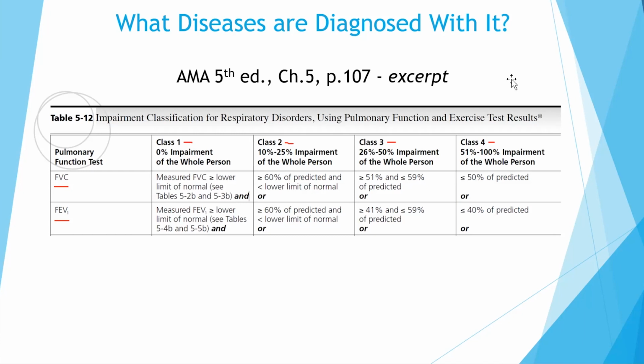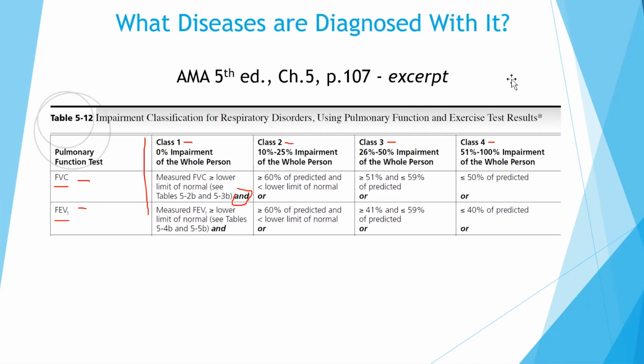And you can see that when you are doing a class 1 rating here, both of these elements need to be normal, FVC and FEV1, excuse me. And you can say that there's an "and." Once you get into class 2, you only need one to determine.